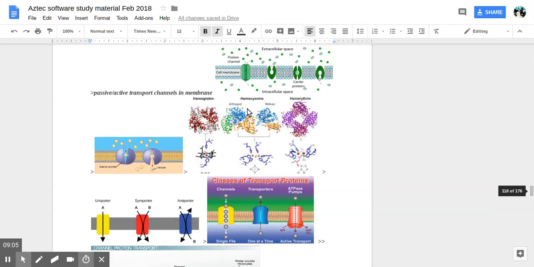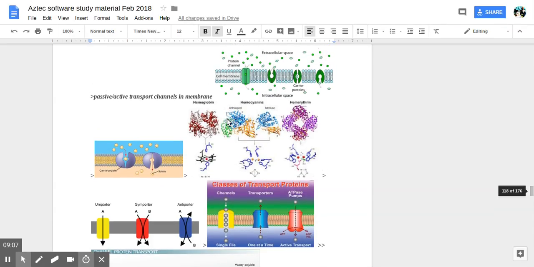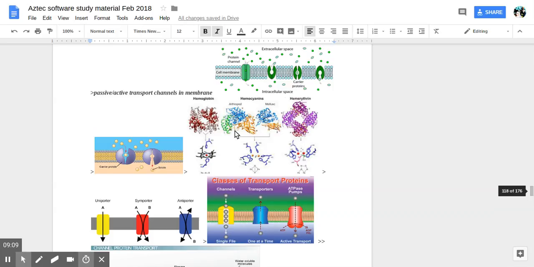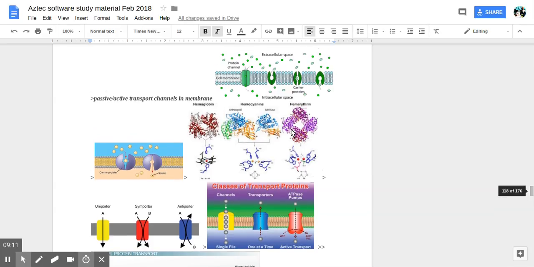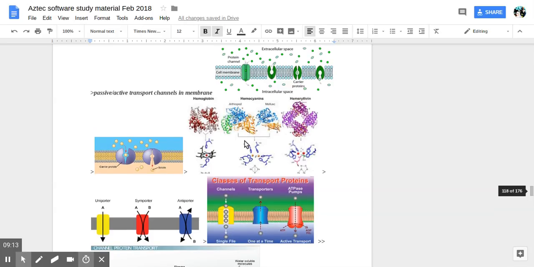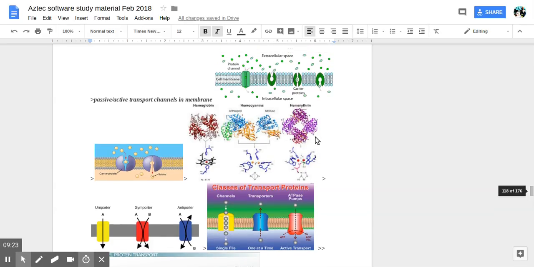And these are channels, and they have really cool 3D models these days, showing all these different kinds of proteins that are membrane proteins, and they're really complex and really cool looking.